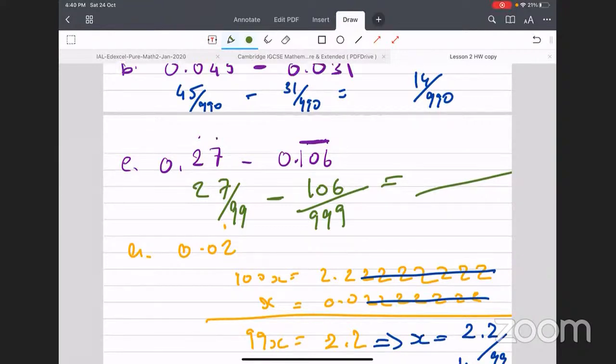Okay, so basically it's 10,989. So you multiply it by a very big number.